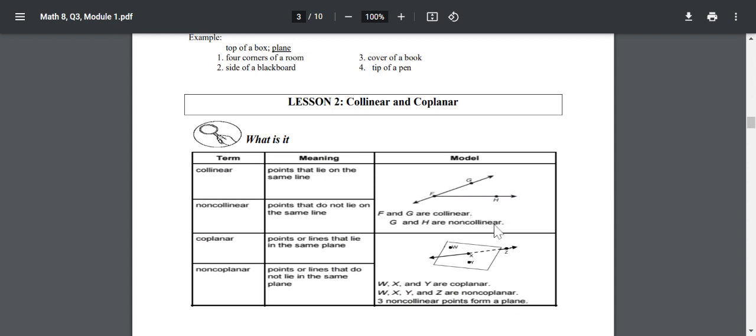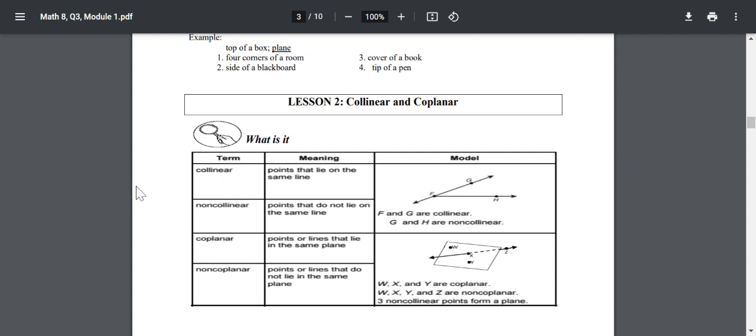And then we have 3 points, F, G, and H. So point F and G are collinear. Anong collinear man sila? Kay nagtapad sila, they are located in one line. And G and H are non-collinear. Anong non-collinear man ang G ug H? Kay wala man sila nagtapad. So they are non-collinear.